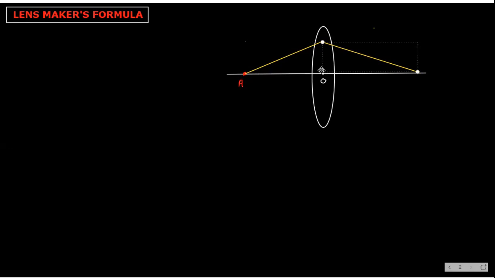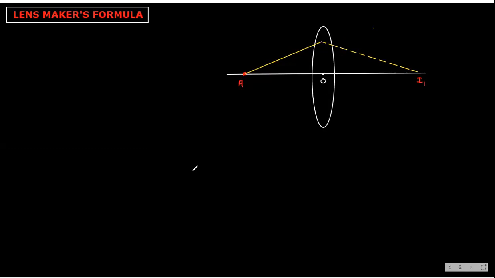Concentrate, okay? One more time I will repeat, just 1 minute you wait. So this is the image formed due to the first curved part, and this image is nothing but I1. But actually you see this is another curved surface.